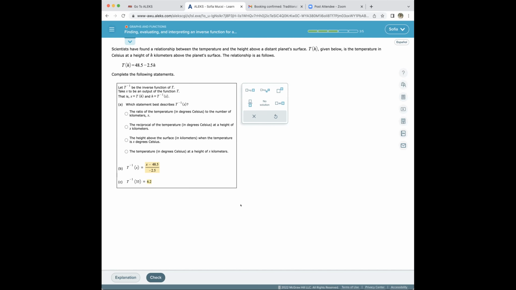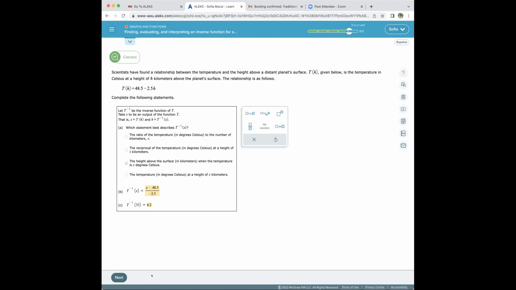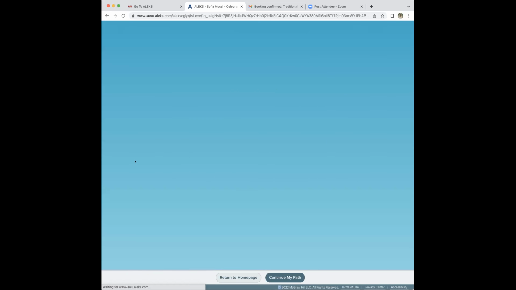And then we went from even below the temperature in Celsius at the height, which is h kilometers. So backwards, it's going to be this one. Yes, I agree. Perfect. Okay, moment of truth. Great. Good, perfect.